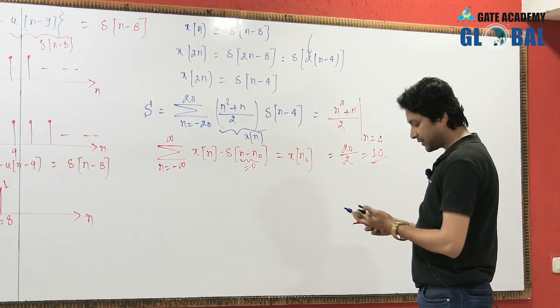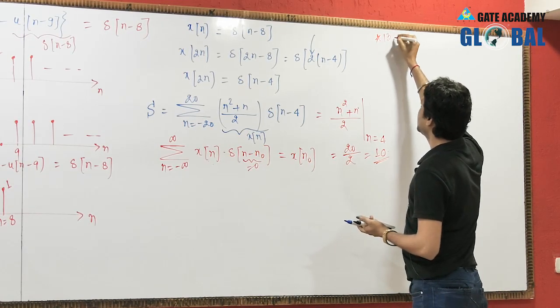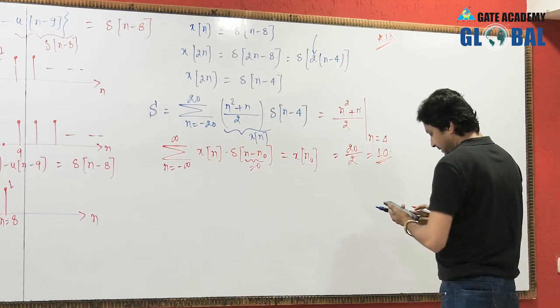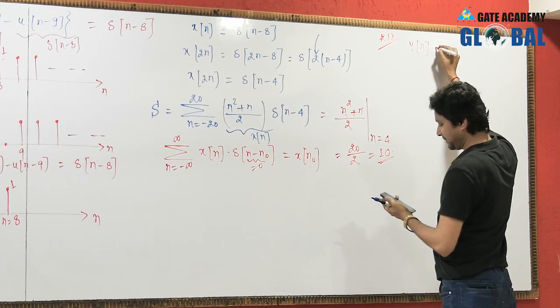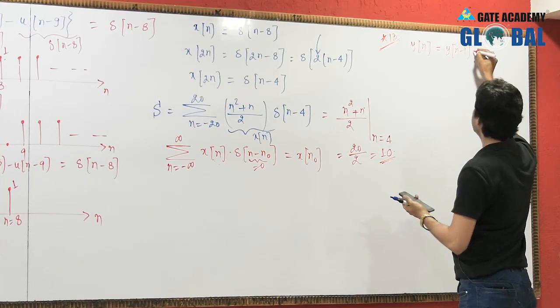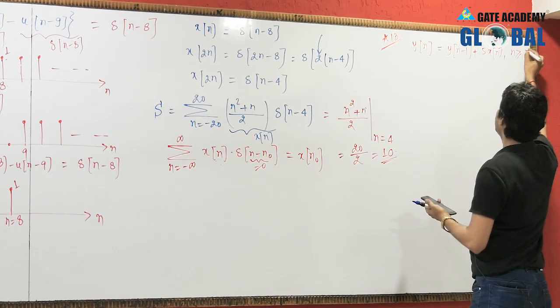Now the next question, question number 13. In question number 13, y of n is given to be y of n minus 1 plus 5x of n for n greater than or equal to 0.